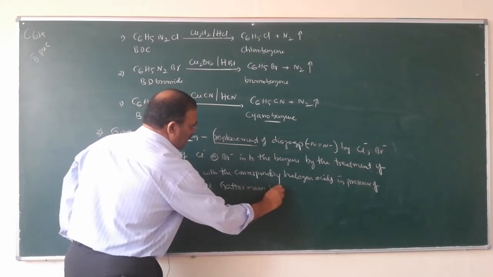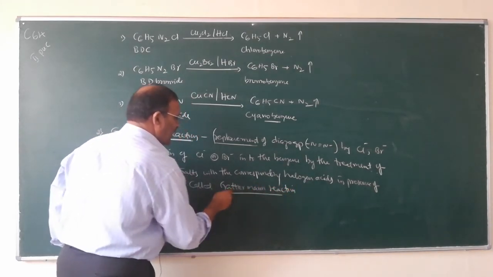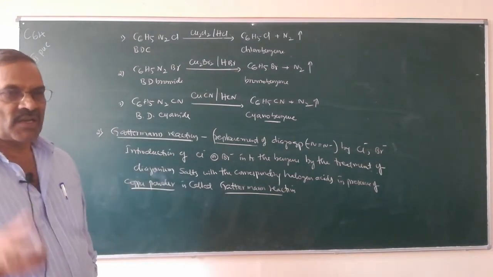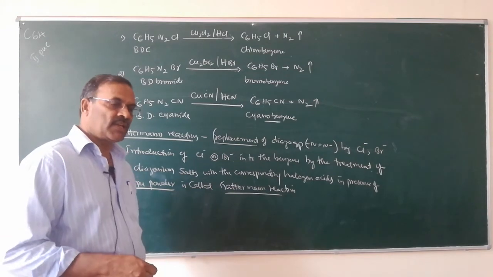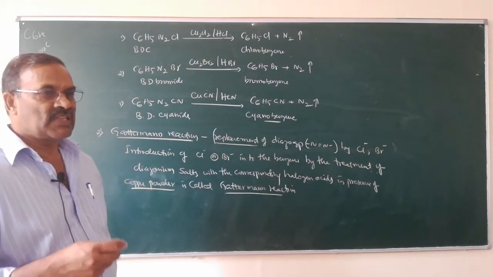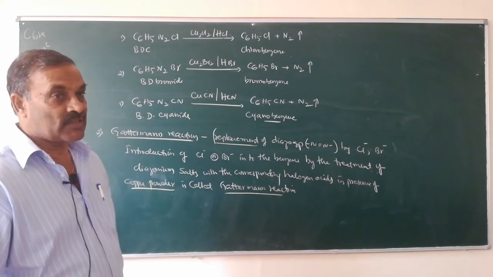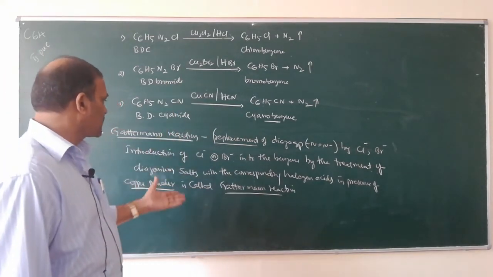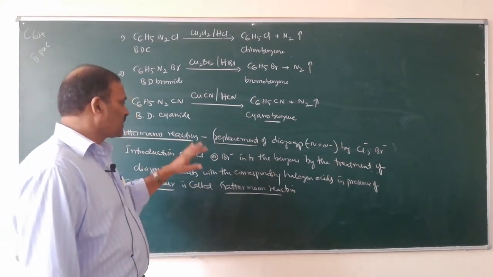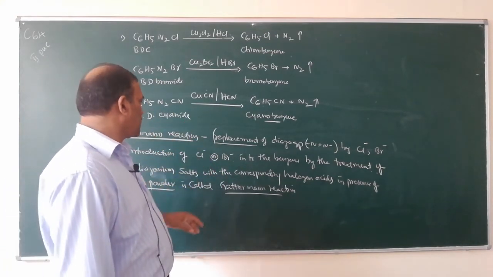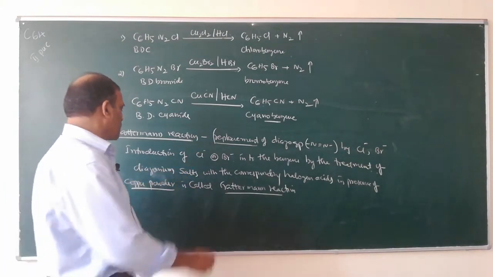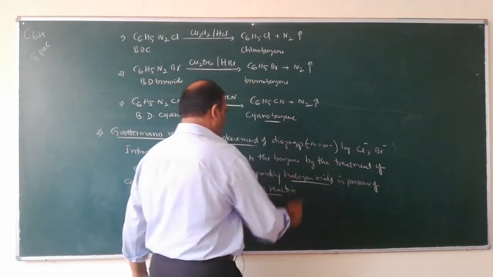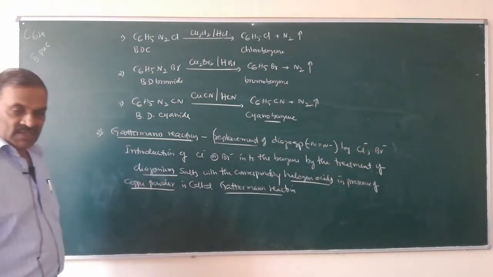Gattermann reaction. So introduction of Cl minus, Br minus into the benzene ring by the treatment of benzene diazonium salts with the corresponding halogen acids in presence of copper powder is known as Gattermann reaction.